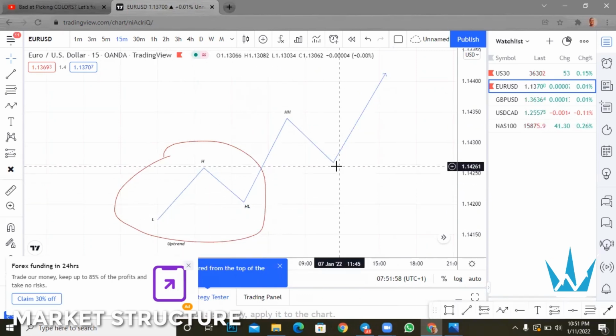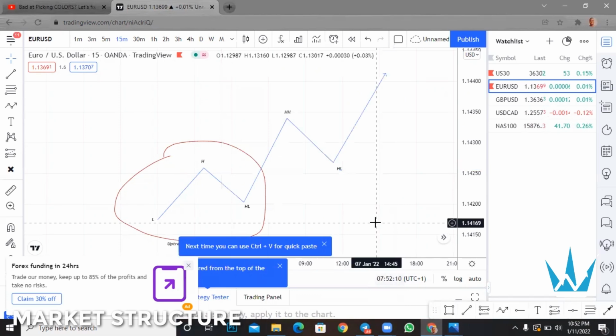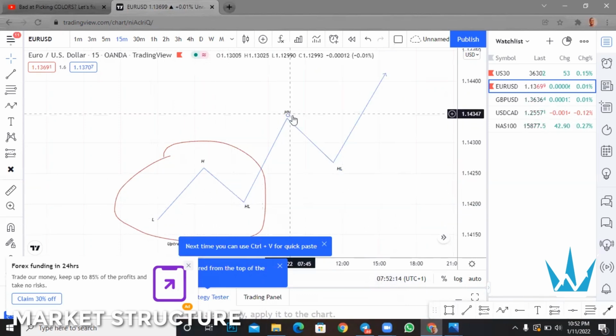So what do we tag this place again? This low, we tag it as a higher low, HL. Good. So we have low, high, higher low, higher high, higher low.